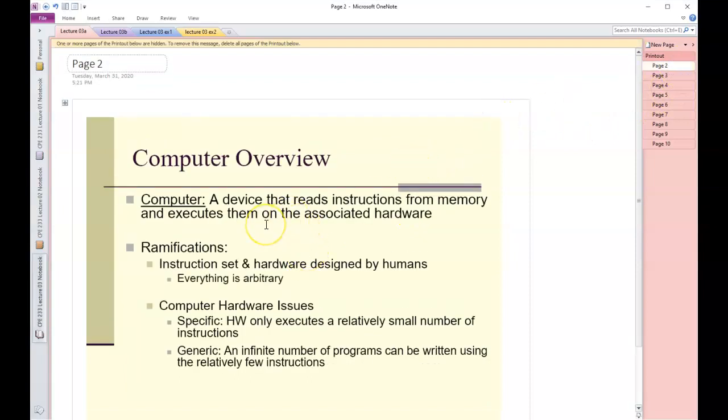A computer is essentially a device that reads instructions from memory and executes them on whatever hardware you have. The ramifications of this are that this piece of hardware and the instruction set were designed by humans. It's completely arbitrary.